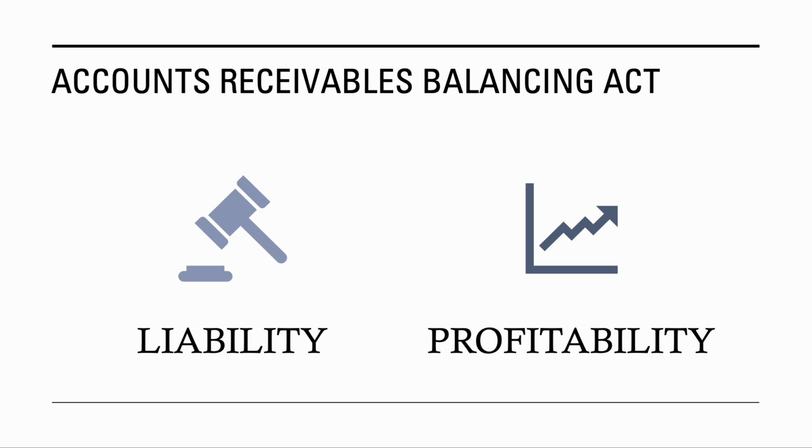And from a profitability side of things, there are two key elements as well. One is the credit period. Let's say while I'm selling the water bottles, if I'm going to be offering, let's say, 60 days of credit, it's going to really encourage more sales.